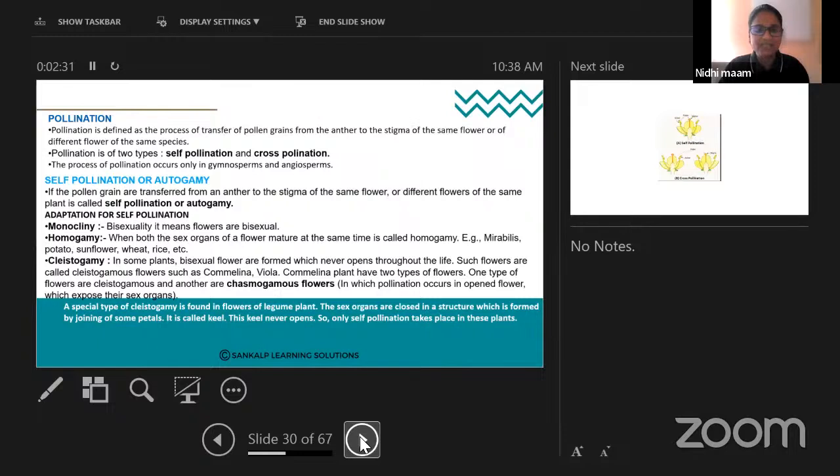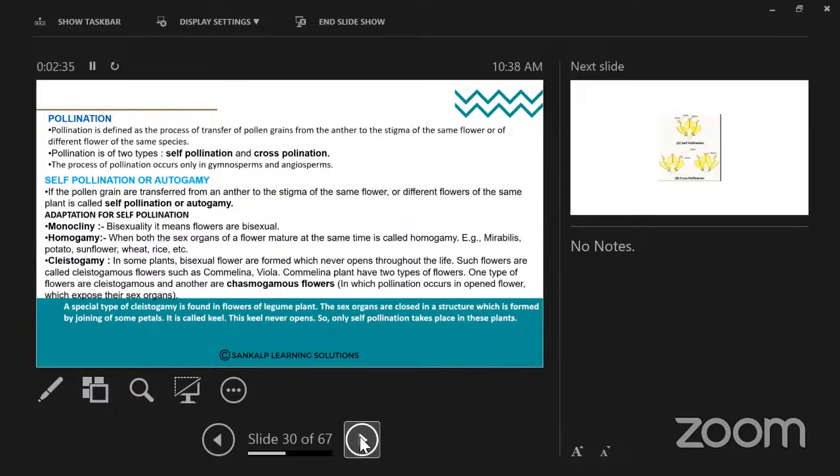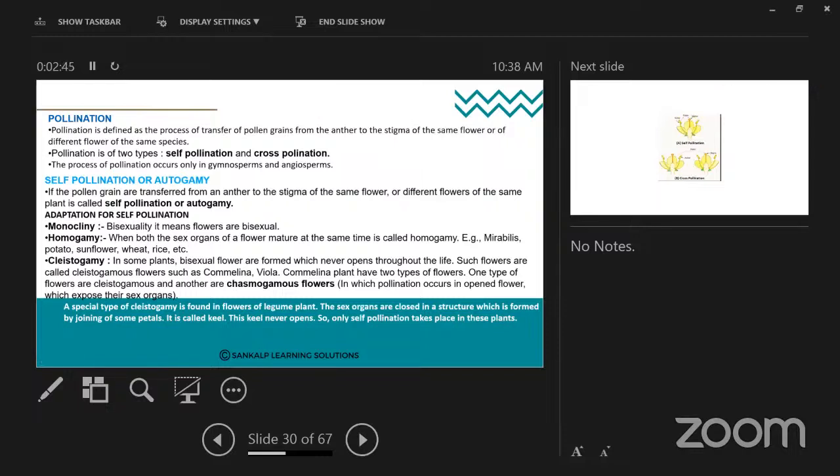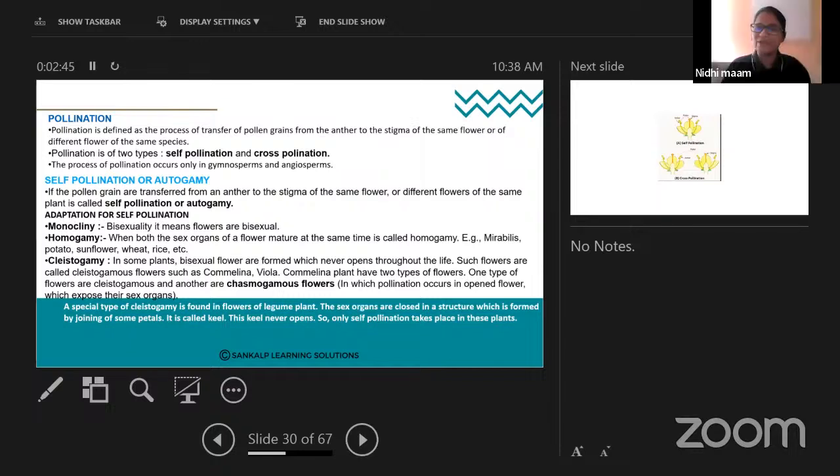Now tell me, anther is a male reproductive part or a female reproductive part? Male reproductive part, right? Then what about stigma? Stigma is the female reproductive part or a male reproductive part?